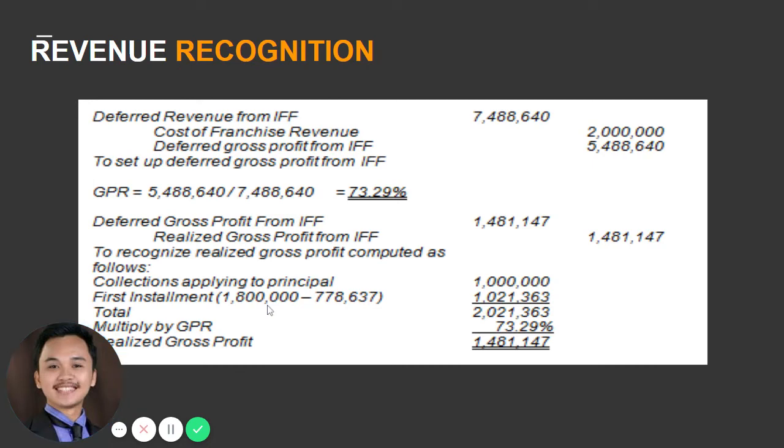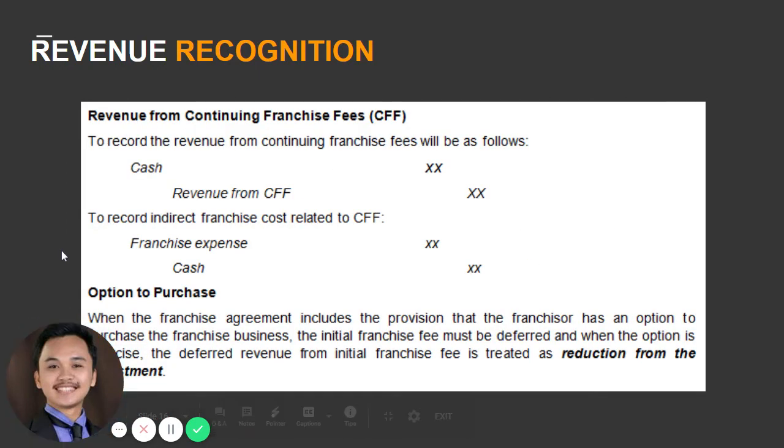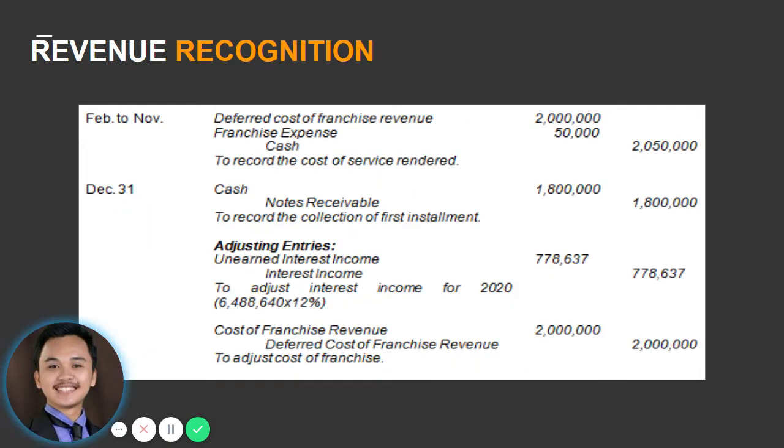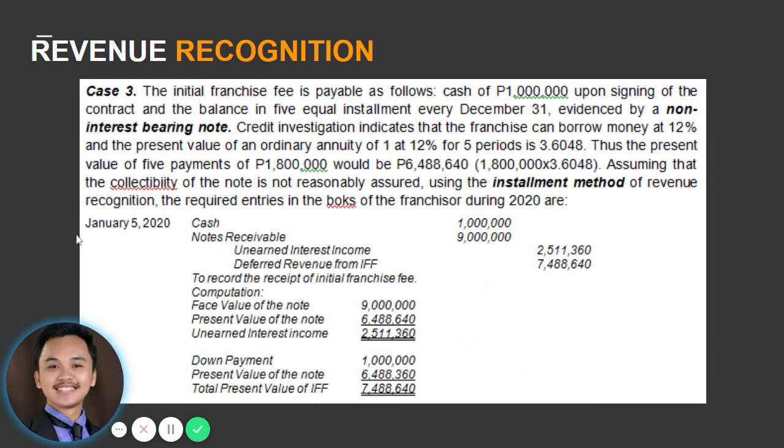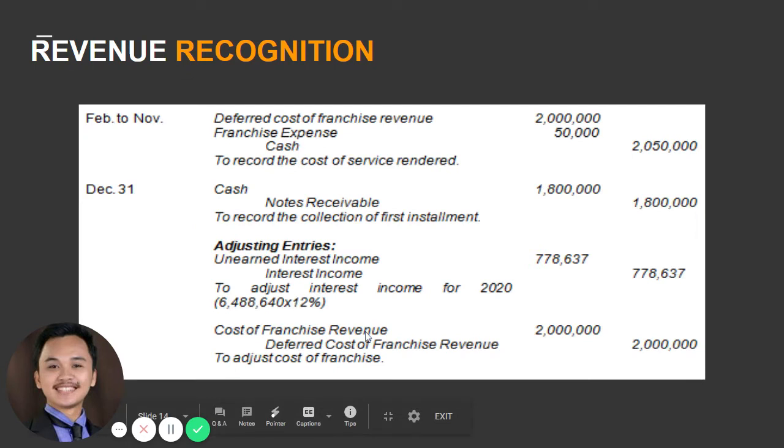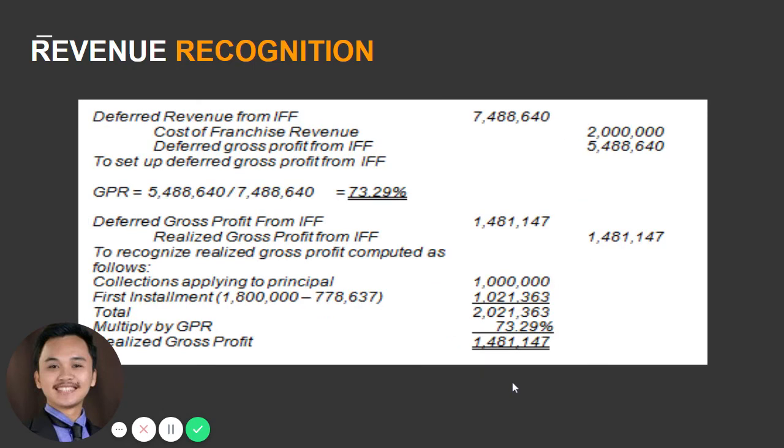But we computed earlier that from our 1.8, 778,637 of that is applicable for the interest, based on our computation earlier. Okay? 778,637 is applicable to our interest.